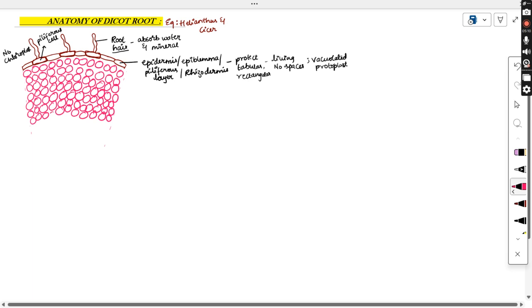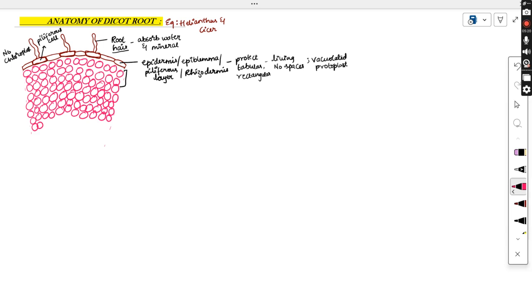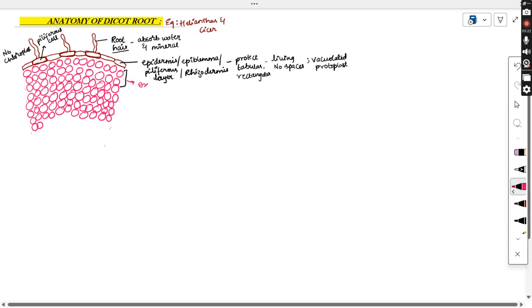Let us go through each layer's description. The first layer, just below the epidermis, we call the exodermis. This exodermis is the outermost layer of the cortex.